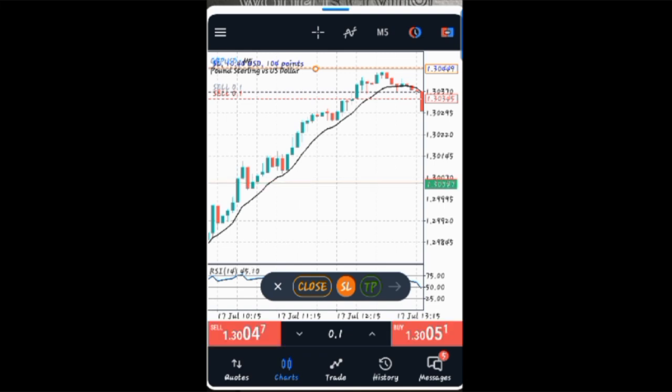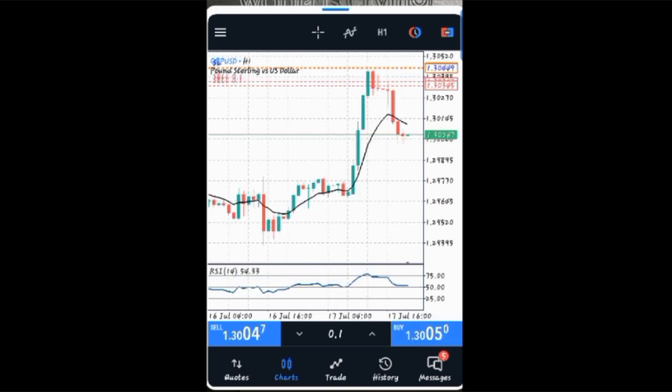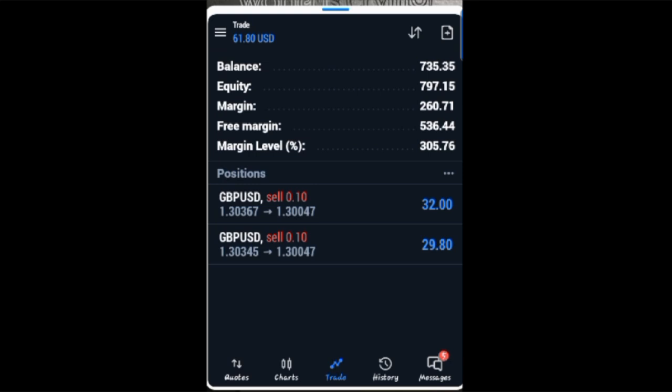If you follow the trend in any direction, you'll be able to get the market right. But if you always want to force the trend to go in your own direction, then you always get it wrong. So in this case, I took this entry with 0.01 lot size.